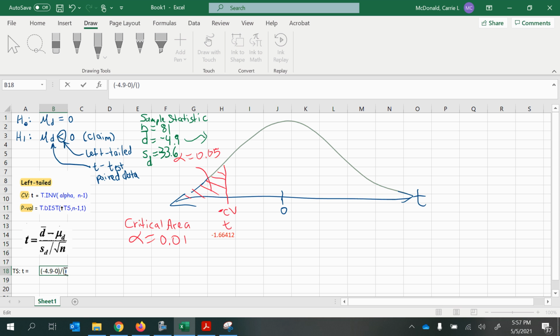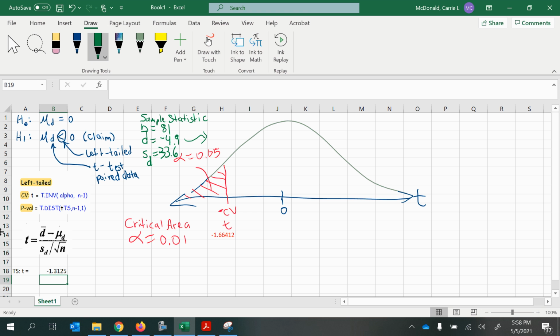And in the bottom of my calculation, I'm going to do the sample standard deviation, 33.6, divided by the square root of 81, which is my n. Now this is what it should look like when you type it. It's also right here. You need to pause it and write that down. All right, so I'm doing that. Now let's go ahead and calculate it.